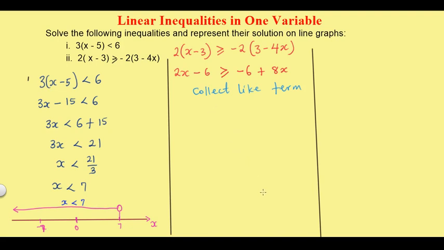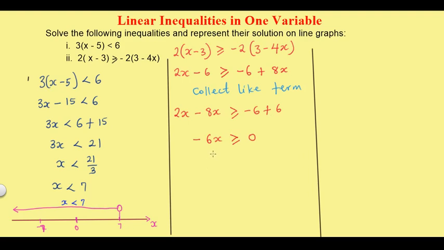And here it becomes 2x minus 8x is greater than or equals to minus 6 plus 6. And we will have negative 6x is greater than or equals to 0.